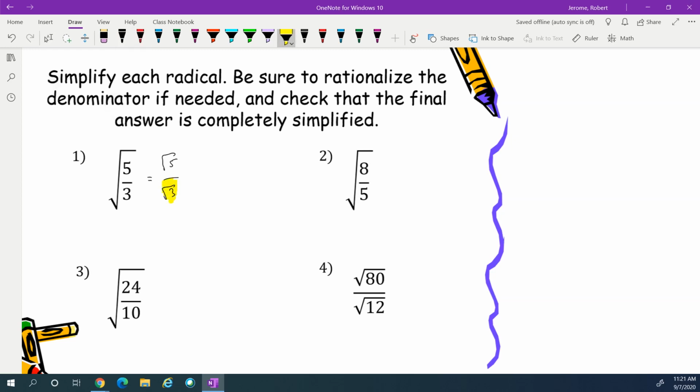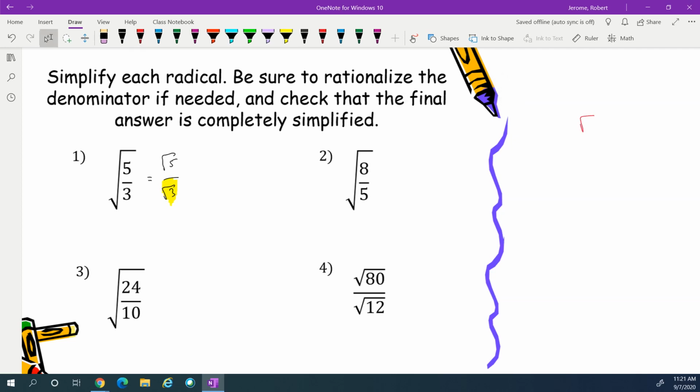So this radical right here is the problem. The way we're going to get rid of it is called rationalizing the denominator. We're going to multiply by it. Because if we take a square root of 3 and square it, it's going to cancel. Squaring a square root cancels out.